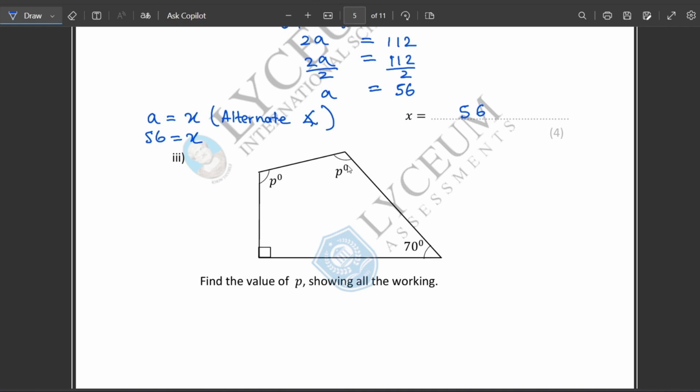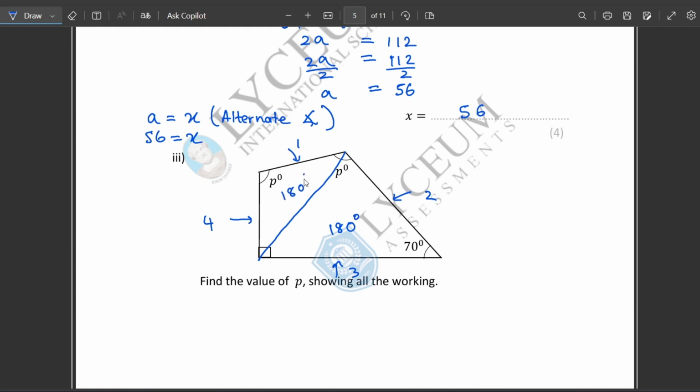Okay, this is, you can see 1, 2, 3, 4 sides. This is a quadrilateral. So we can divide it into two triangles. So one triangle has sum of interior angles 180.